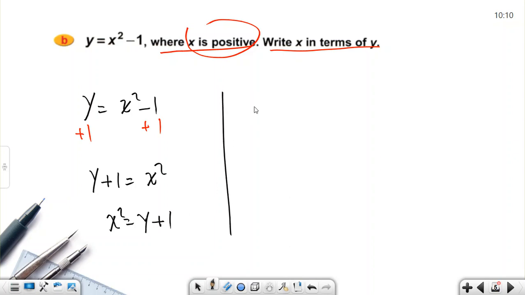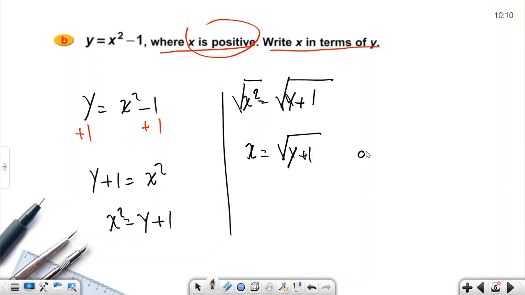So let's continue from there. Okay, x squared equals y plus 1. So there is an x squared, and we can use the square root on both sides. x will be equal to the square root of y plus 1, or x can be equal to the negative of it.